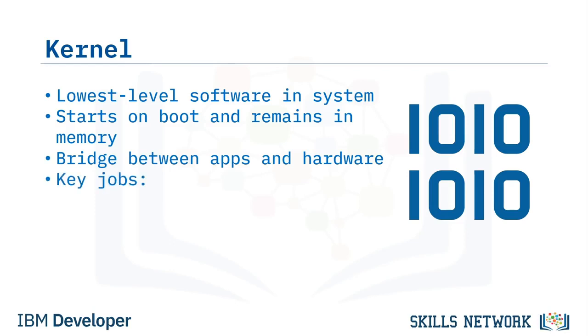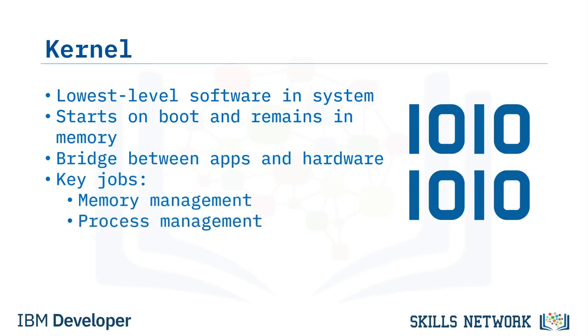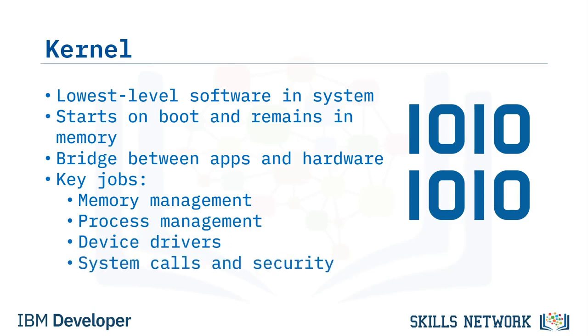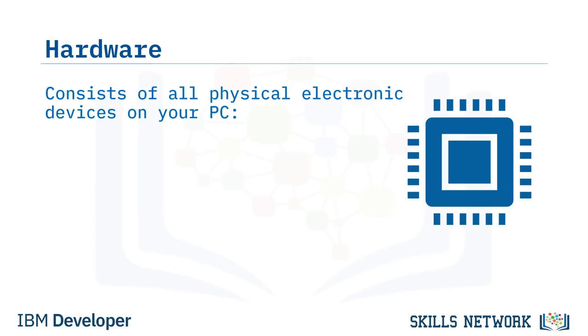The kernel has 4 key jobs: memory management, process management, managing device drivers for proper hardware support, and system calls and security assurance. The final layer in the Linux system is the hardware, consisting of the physical electronic devices that make up your computer.